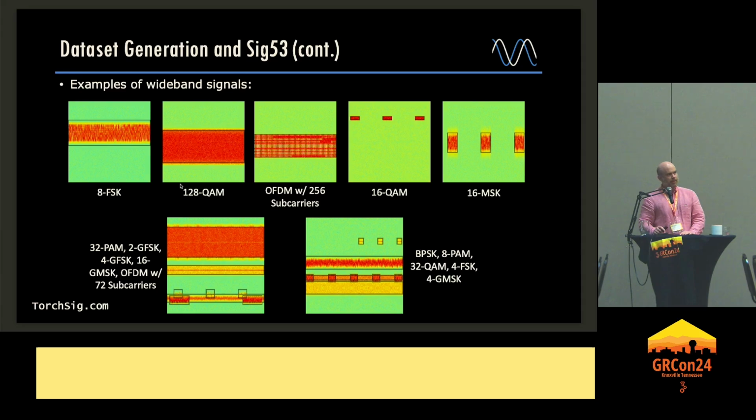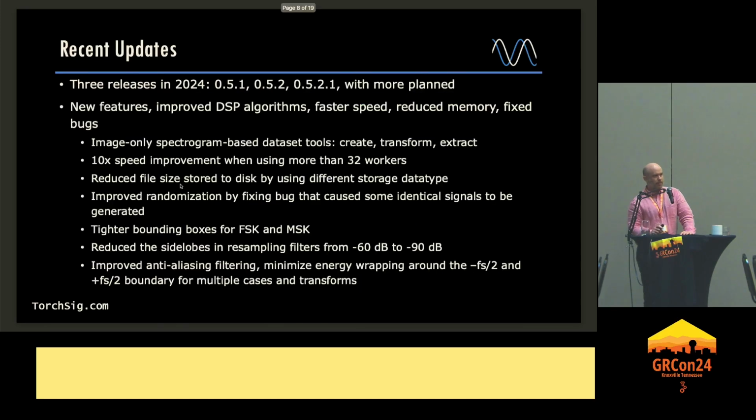At the top, we've got 8FSK, 128QAM, these kinds of things, where it generates a single signal for you. And at the bottom, it will generate a bunch of overlapping signals, higher complexity for the machine learning to train against.